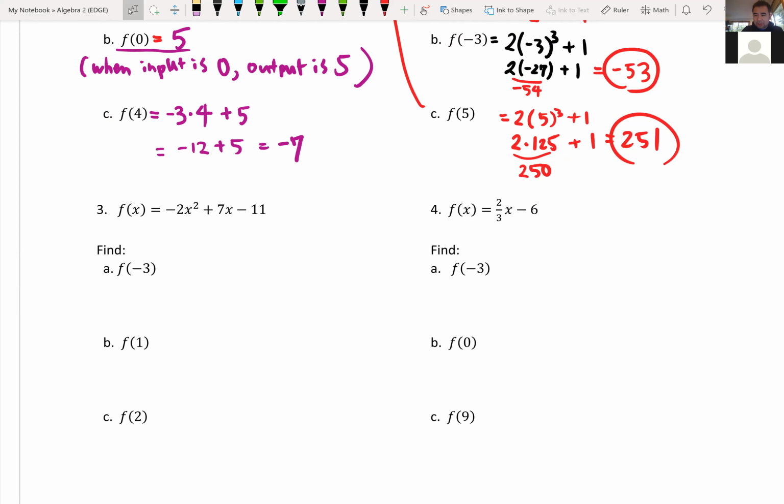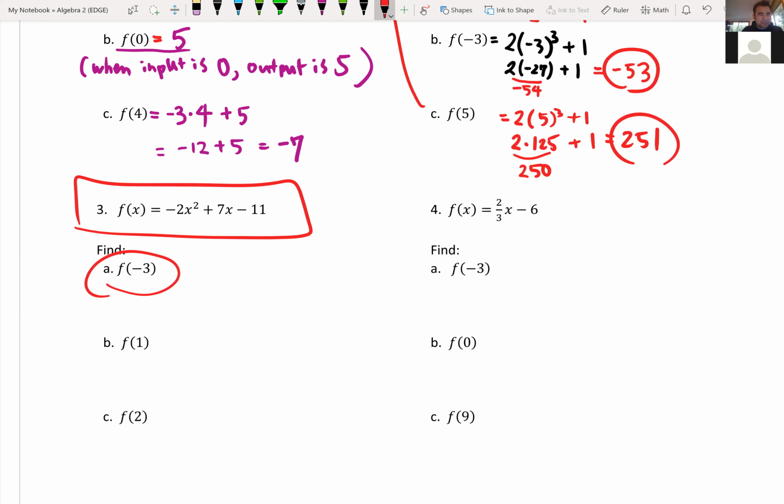Just moving on. Next one. Next function is this. It's a quadratic function. So I want you to figure out f of negative 3. Do you want to try that first by yourself? I'll give you 1 minute.